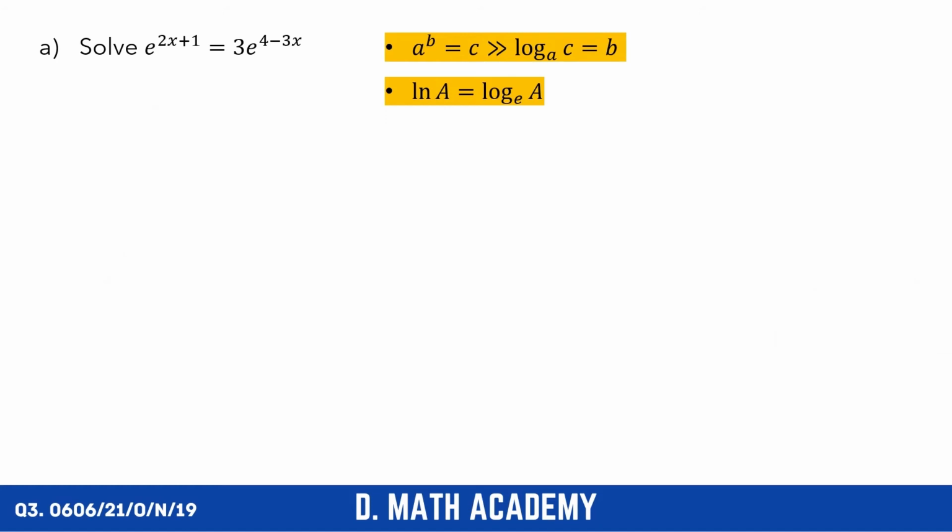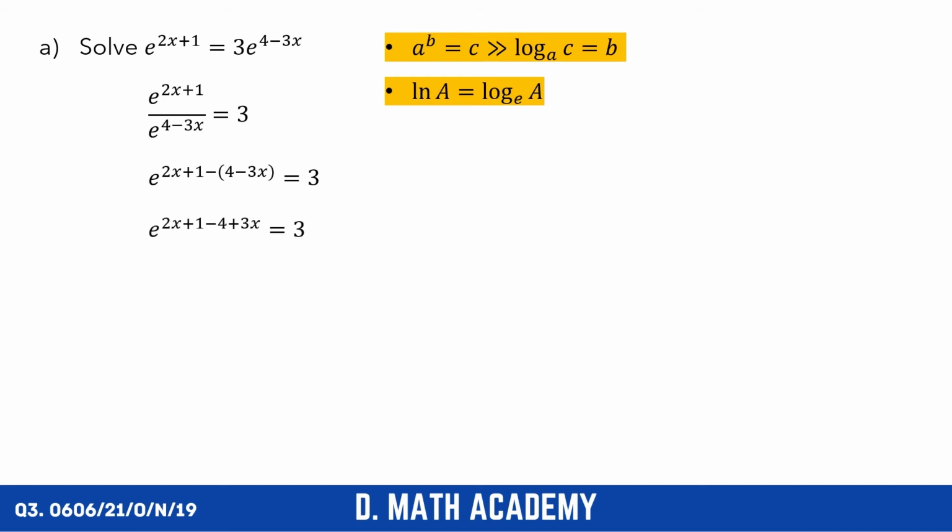So first thing that I did was to shift the e to the left hand side from the 3 over there. Since they both have the same base, I bring the denominator up by putting a negative in front of it. So we have e to the power of 2x plus 1 minus bracket 4 minus 3x.